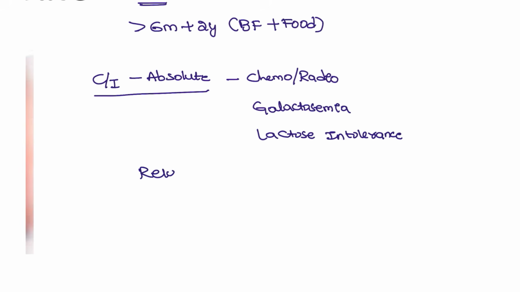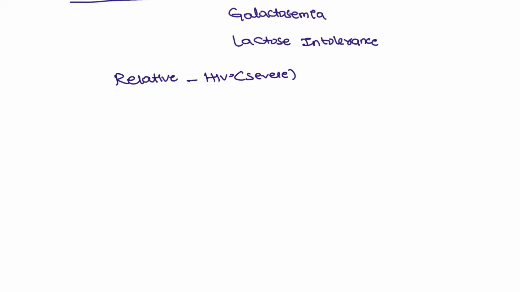Next, relative contraindications is severe HIV cases. In severely immunocompromised patients, HIV is a contraindication, and those who are taking TB therapy or have not even started it. No TB therapy has been started, this patient is also contraindicated.